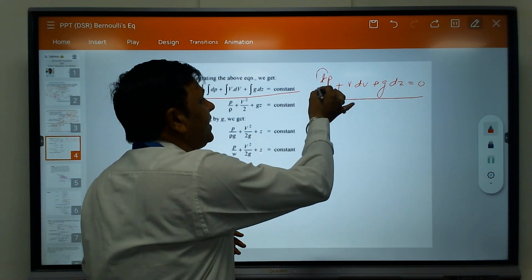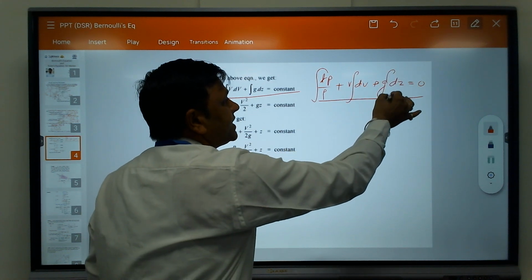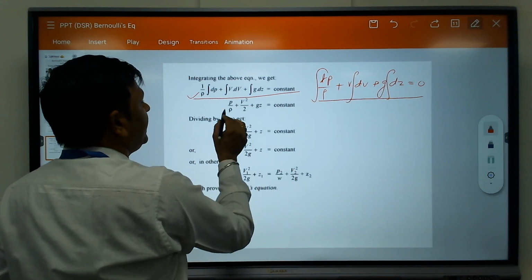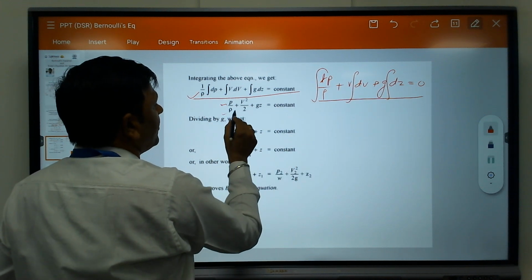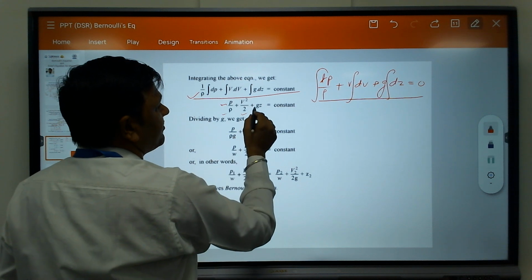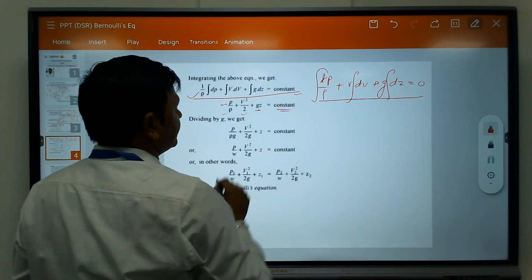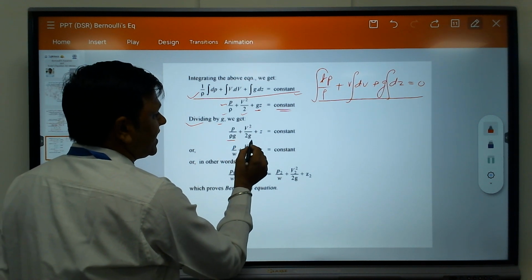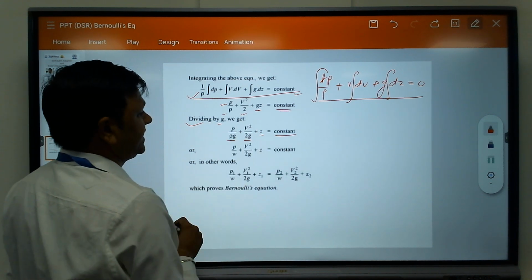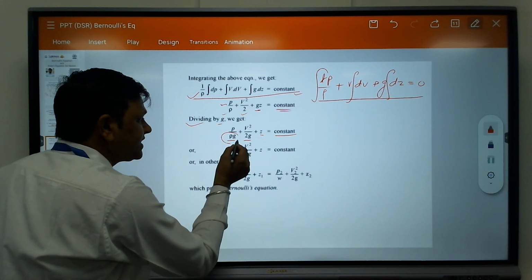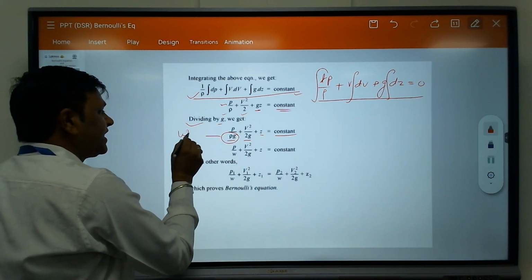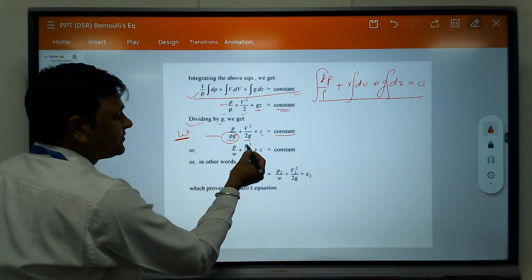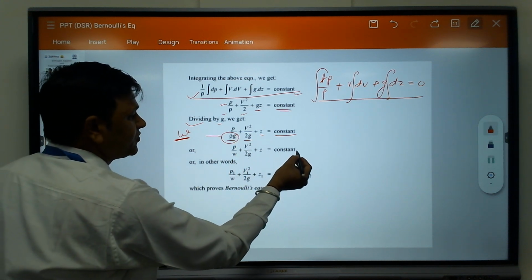Now we have to integrate this equation. By integrating, we obtain p upon rho plus v square upon 2 plus gz is equal to constant. Dividing by g, p upon rho g plus v square upon 2g plus z is equal to constant. Here rho g is the specific weight w of the liquid. Then p upon w plus v square upon 2g plus z is equal to constant.